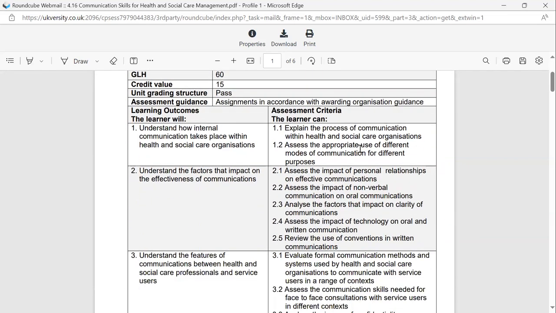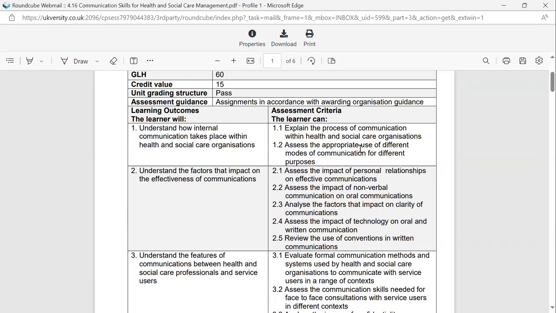The first one is to understand how internal communication takes place within health and social care organisations. The assessment criteria: 1.1, explain the process of communication within health and social care organisations. 1.2, assess the appropriate use of different modes of communication for different purposes.